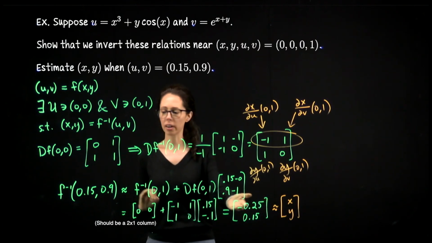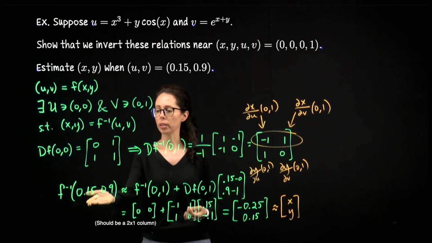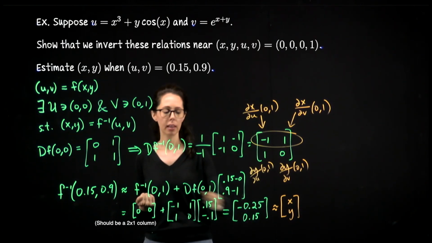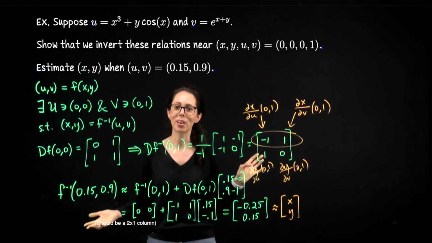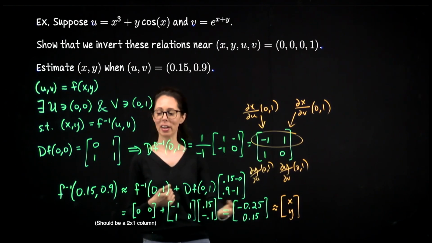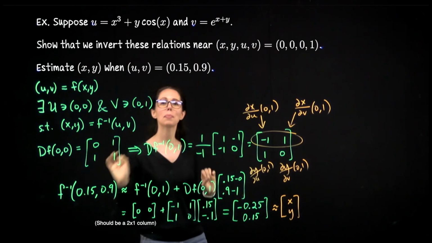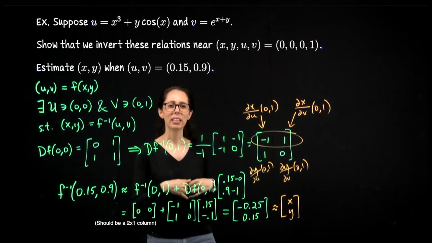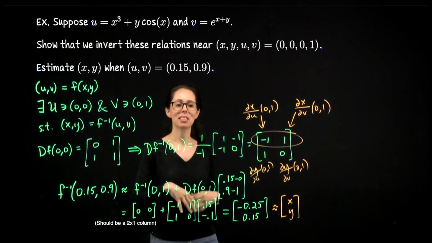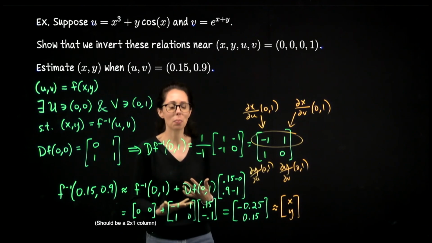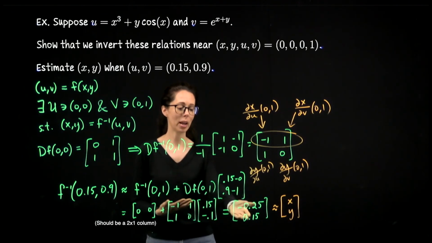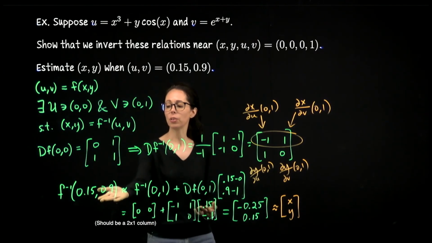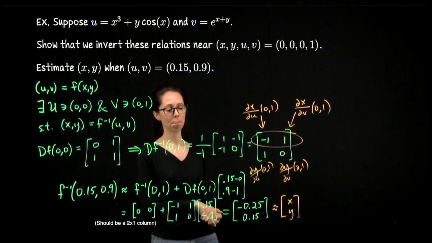The closer these were to 0 and 1, we expect this to be better and better. And if you're way off, so if I've made an algebra mistake here, you'll get numbers that look very different. And that happens sometimes because algebra is hard. So you can't actually know what this function is, so you can approximate it, and then you can feel good about your approximation by just kind of reverse engineering it. So what happens if I plug this x, y back into what I started with? You should feel good if you get to something that looks like 0.15, 0.9.